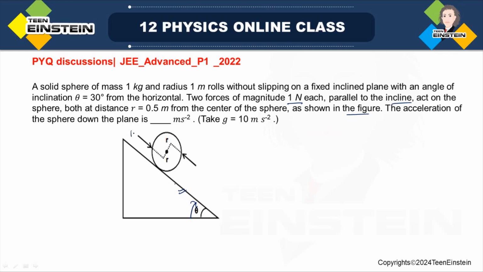Each one has magnitude 1 Newton and these forces are also parallel to the inclined plane, and the forces are acting on the sphere at r distance from the center. On both sides you can see this r is given as 0.5 meter. And what is the radius of the sphere? If I say that is capital R, that is given as 1 meter.